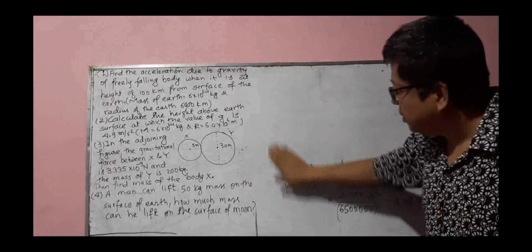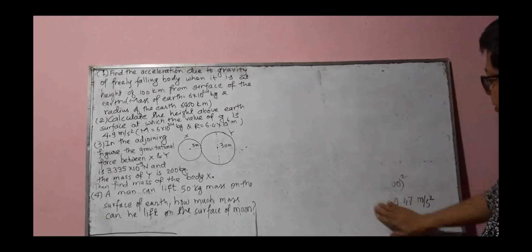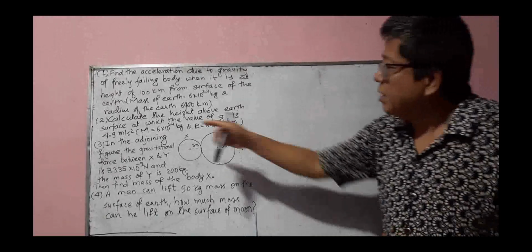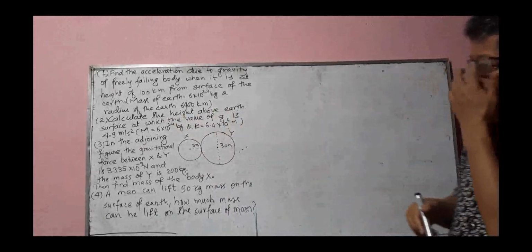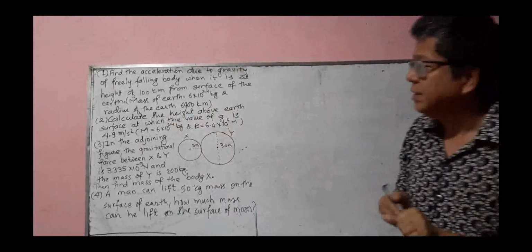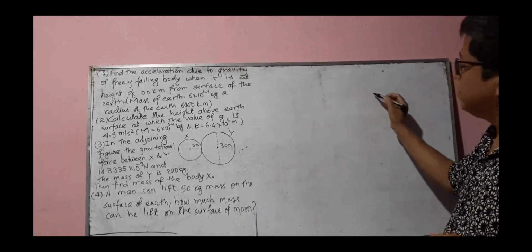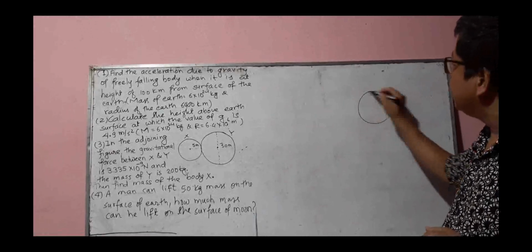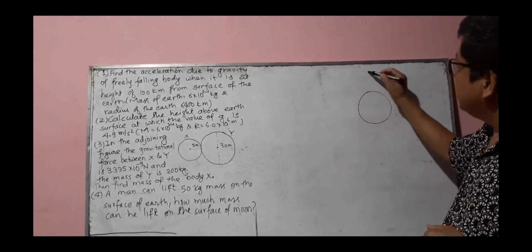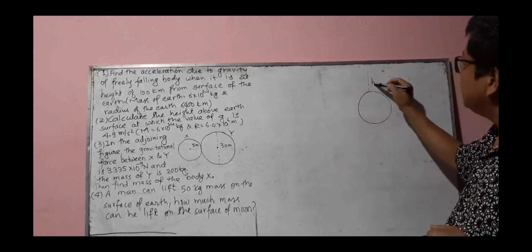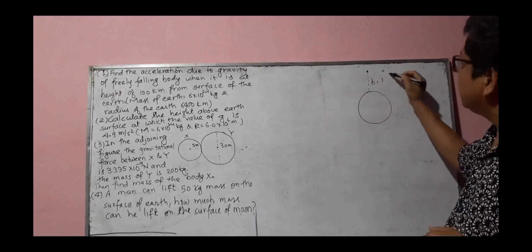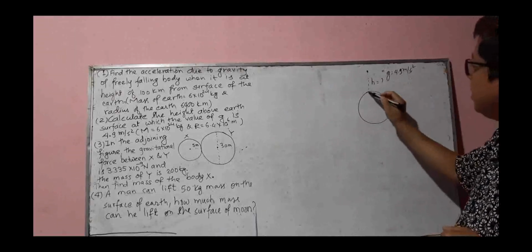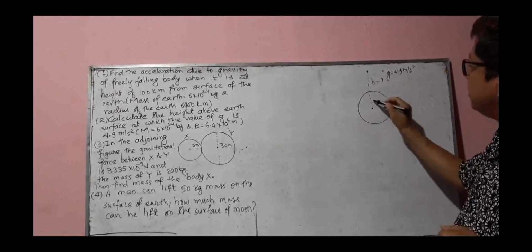So in the other problem, what we have: calculate the height above the earth's surface at which the value of g is 4.9 meter per second square. Suppose this is the earth, and you have to find this height where the acceleration due to gravity is 4.9 meter per second square, and the radius of the earth is given.